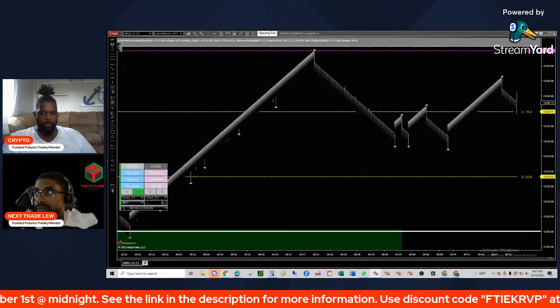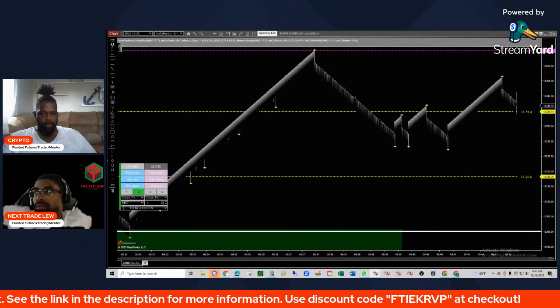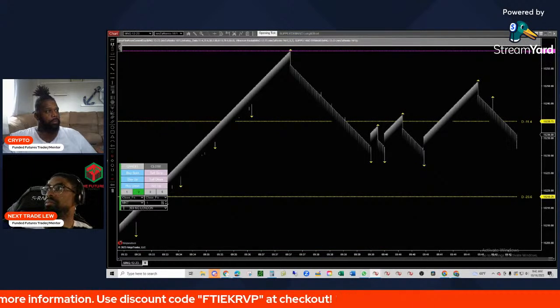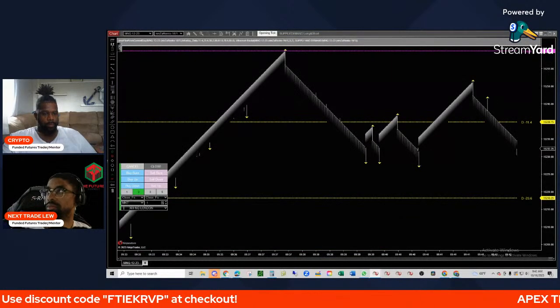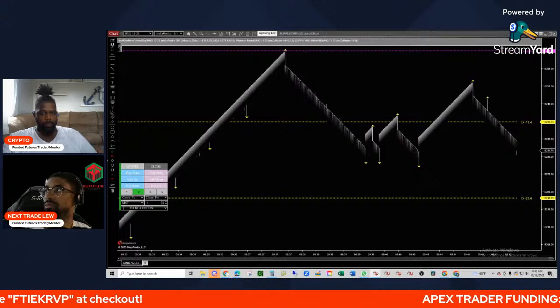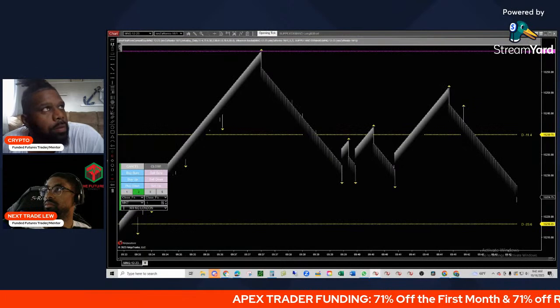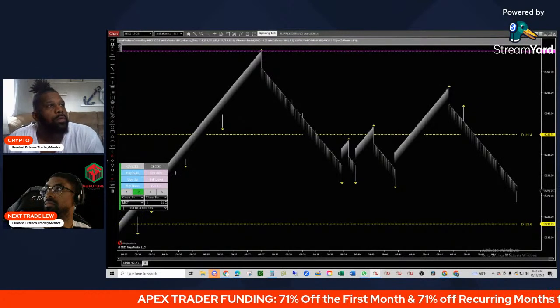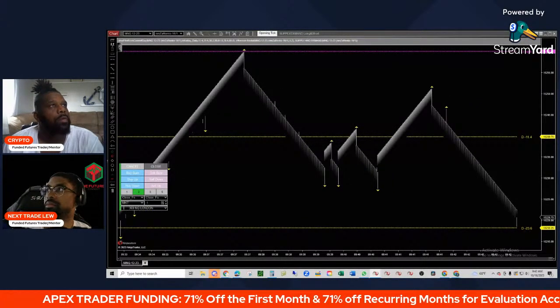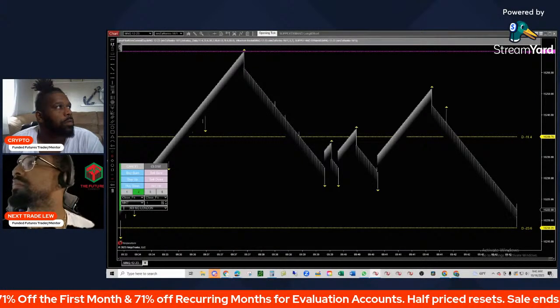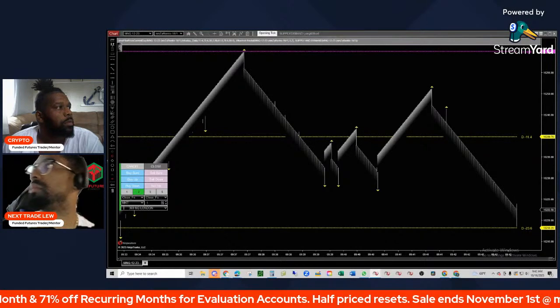Nasdaq is moving 177 points so far. RTY close to the woo. Wow.